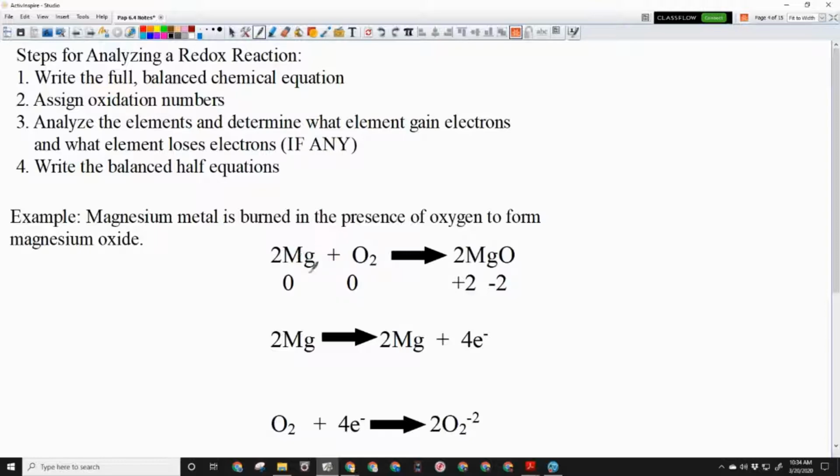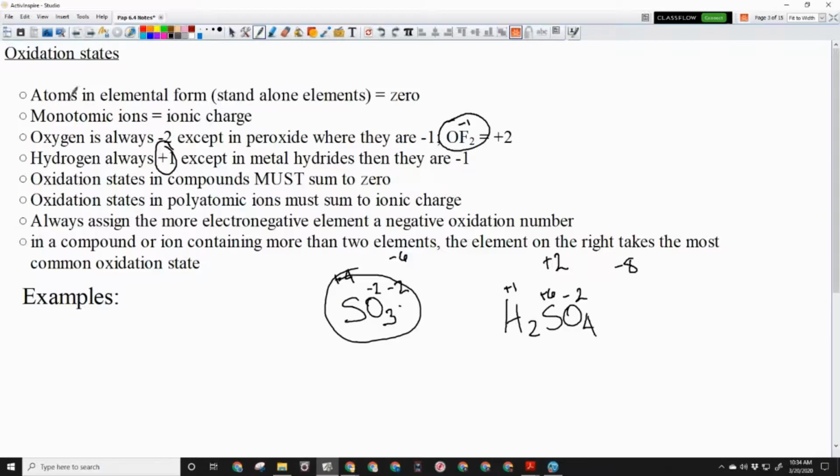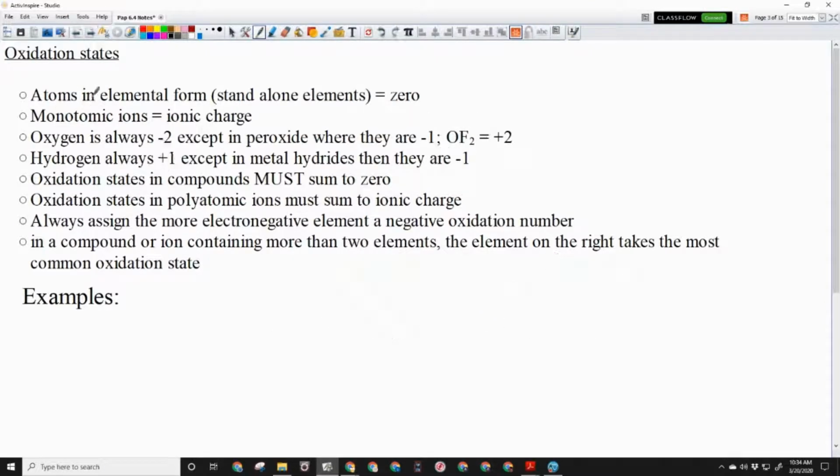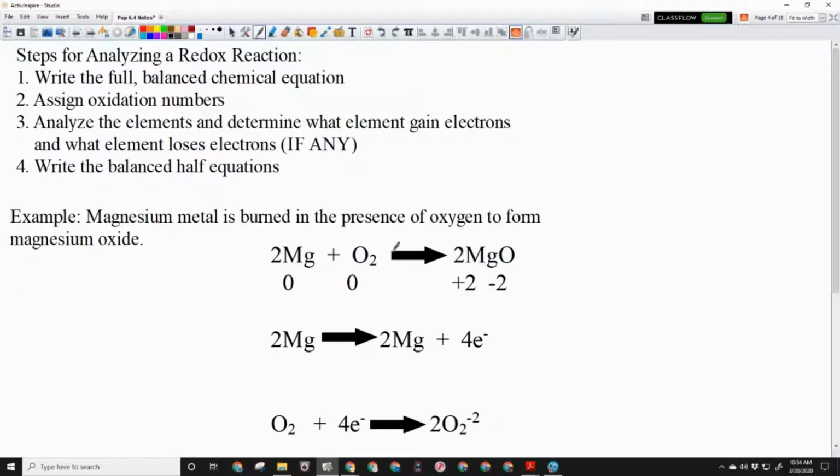Okay, so the next step is to assign oxidation numbers. So for your magnesium here, it's a 0 because this is an element that is alone by itself, and that's number 1 rule here. Atoms in elemental form, standalone elements, have an oxidation number of 0.